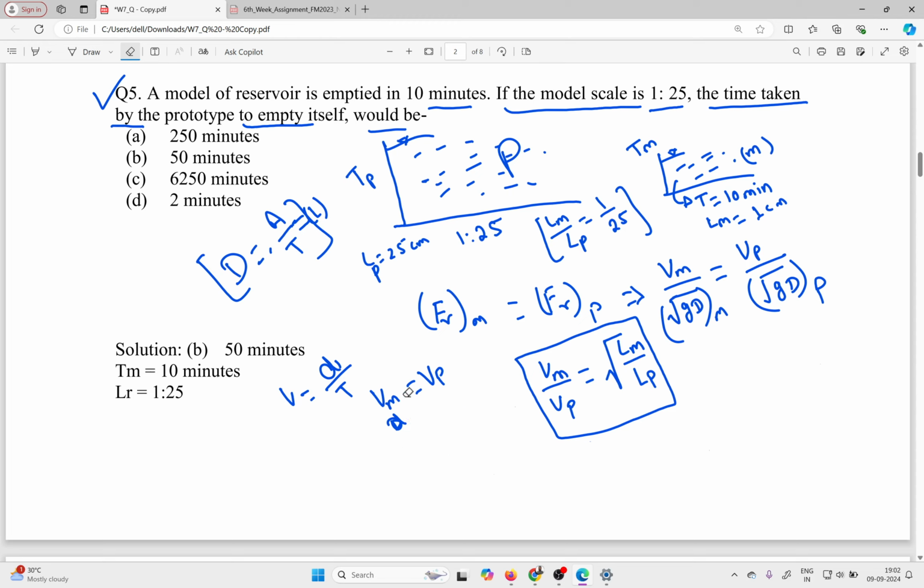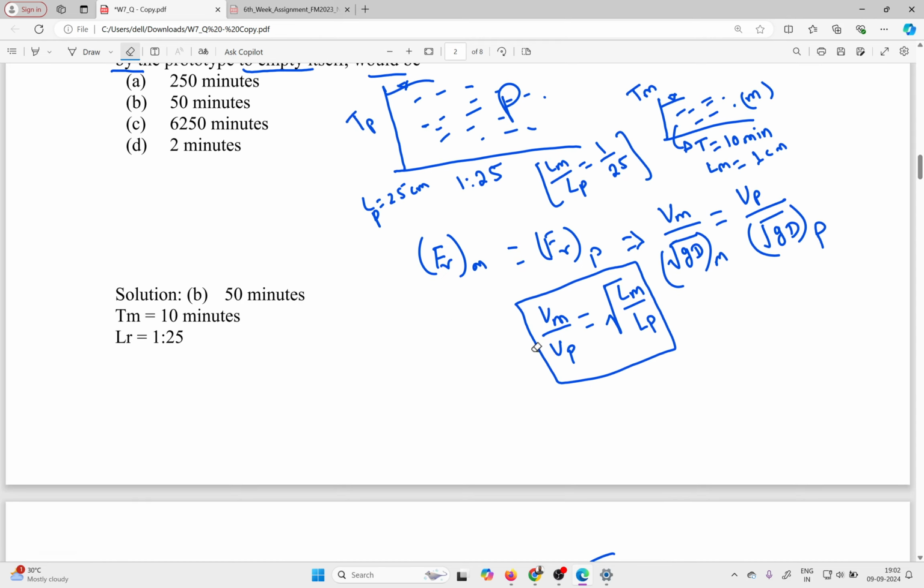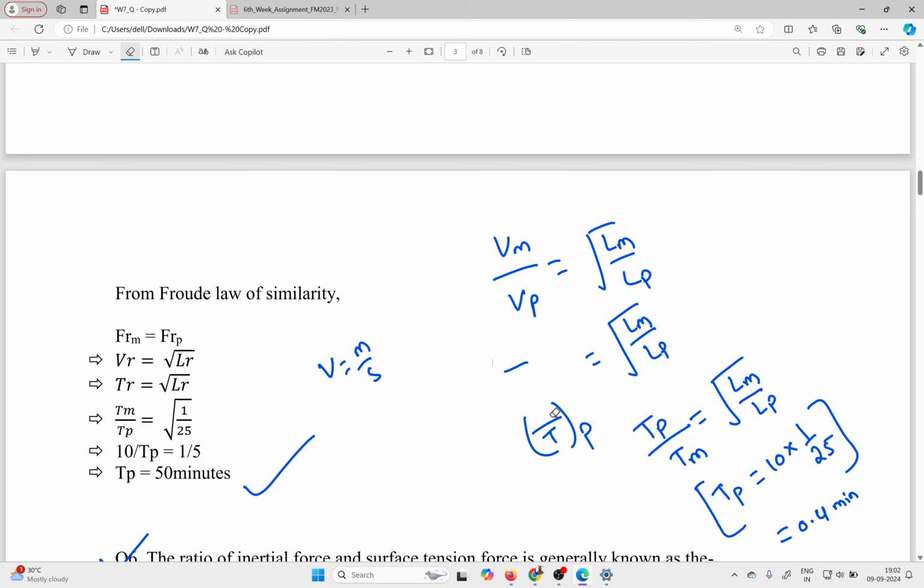Basically, we need to find out the relation using only the concept of Froude number, not the other formulas for velocity, that is your traditional formula. You will not use it here. So how will you get it? Let me discuss.